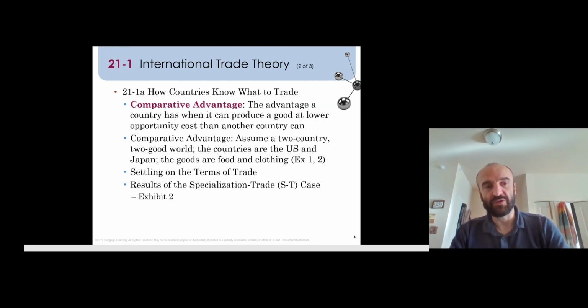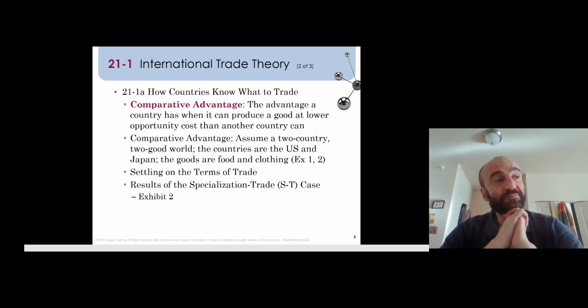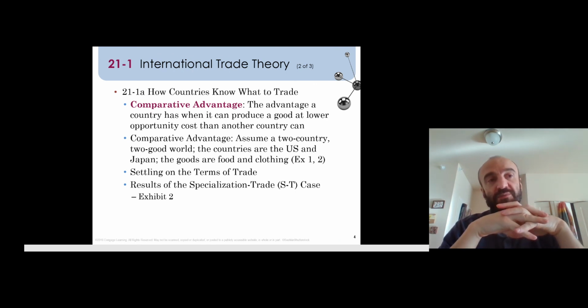Every one of us is better off by specializing in making one good or service, or a couple of goods and services, and buying on the market everything else produced and sold to us by other people specializing in other things. That's the principle of division of labor, a cornerstone of international trade theory, and comparative advantage is a principle that determines who should specialize in what.